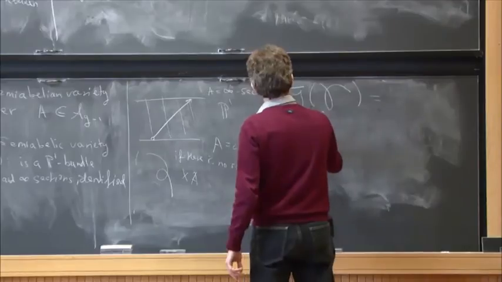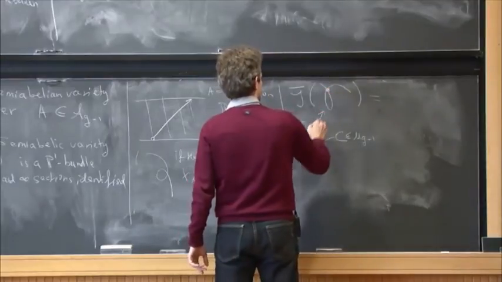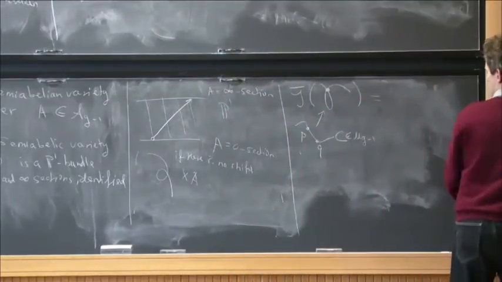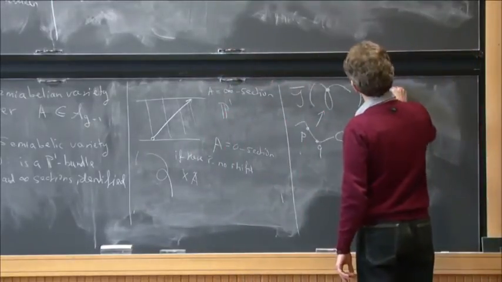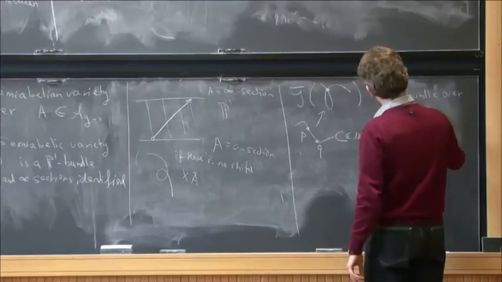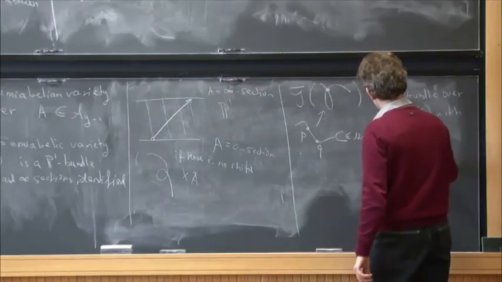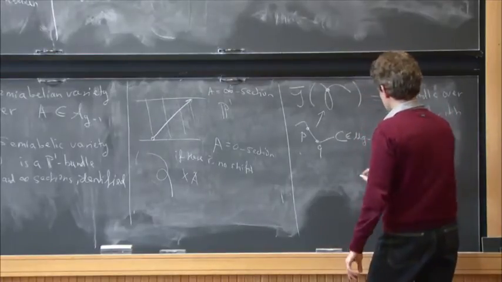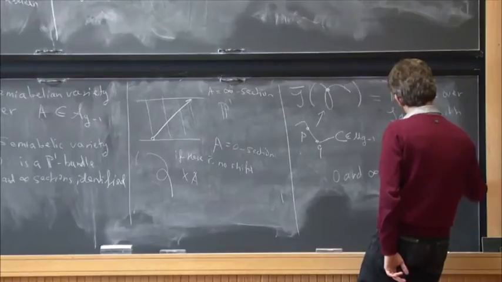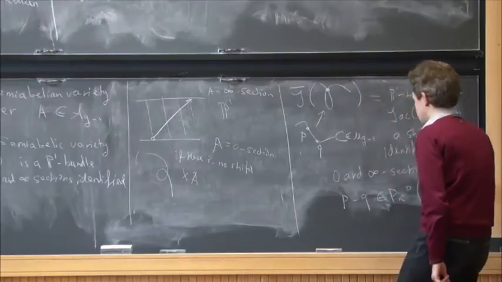This curve, its normalization is a curve C, which will be of genus g minus 1, and this point here will have two preimages P and Q. And then the Jacobian of this thing will be the P1 bundle over the Jacobian of the curve C with a shift identifying 0 and infinity sections being P minus Q, which I can think of as a point in the Jacobian of C.